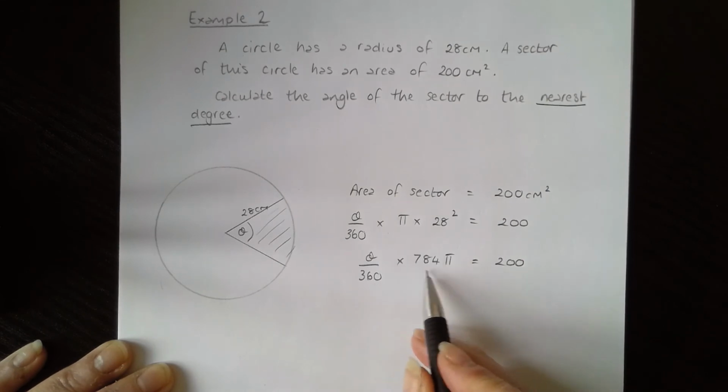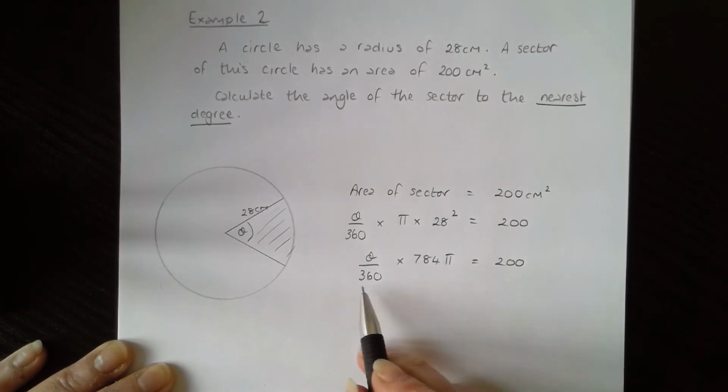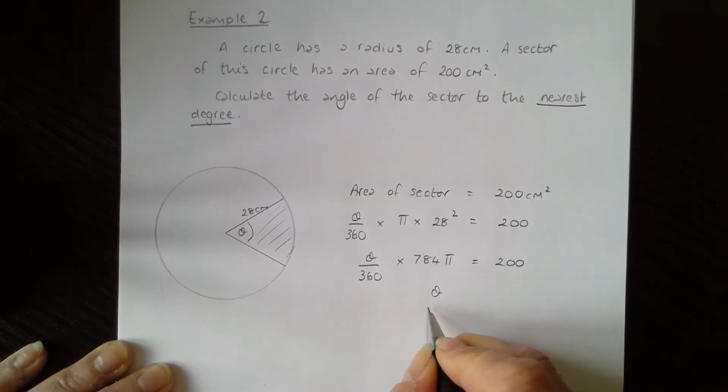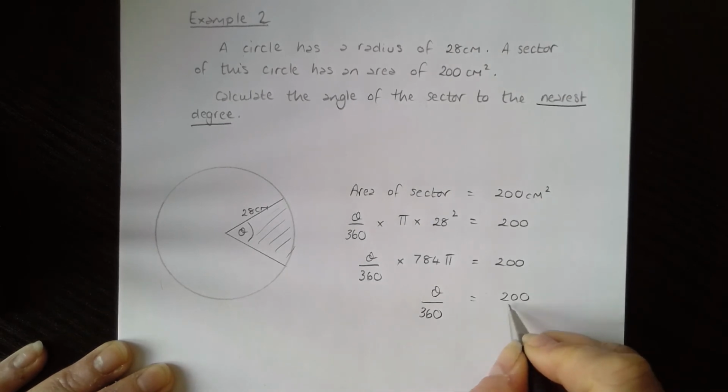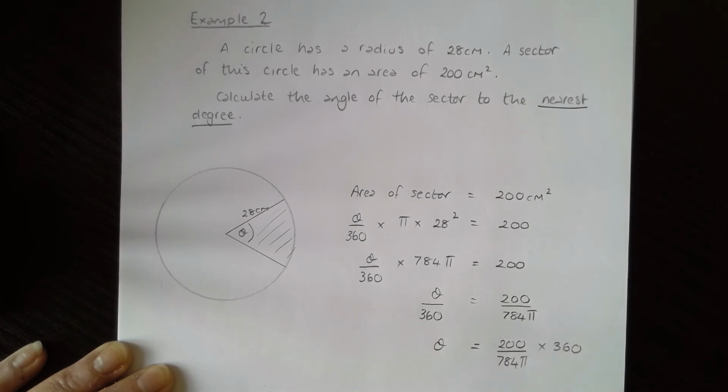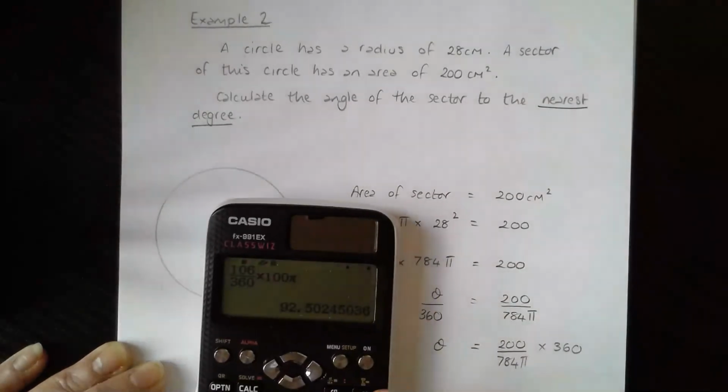So first of all, divide by 784 pi to leave the term with theta in alone by itself. So theta over 360 is 200 over 784 pi. And then to get theta, we just need to times both sides by 360. So theta is 200 over 784 pi multiplied by 360. And again, I've left everything in exact values.